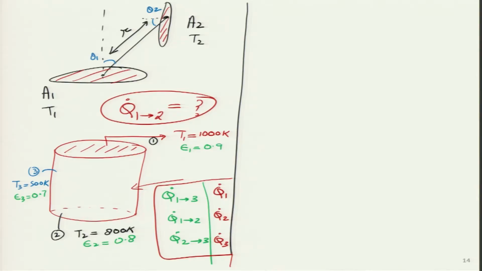So, there would be different types of surfaces. In the first case the two surfaces are not connected with one another, neither do they form an enclosure, and in the second case we see an enclosure being formed.